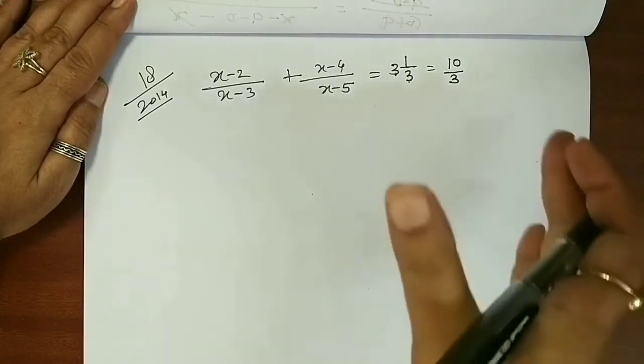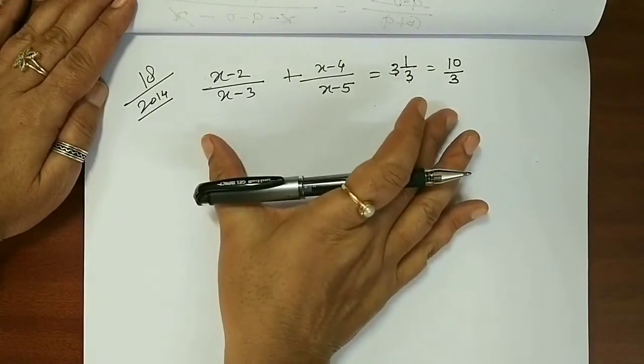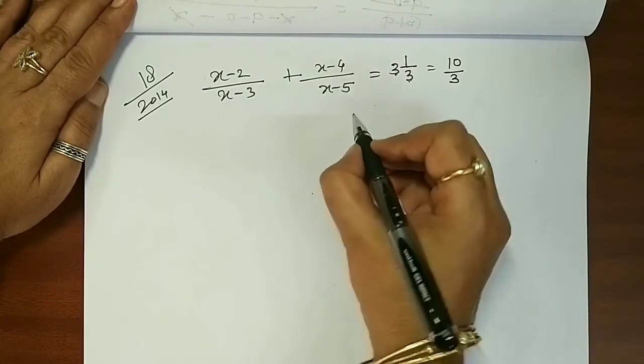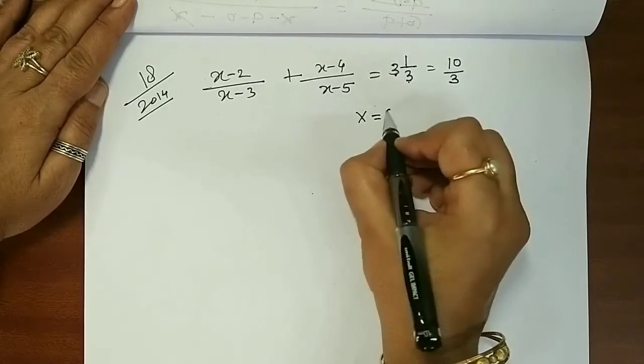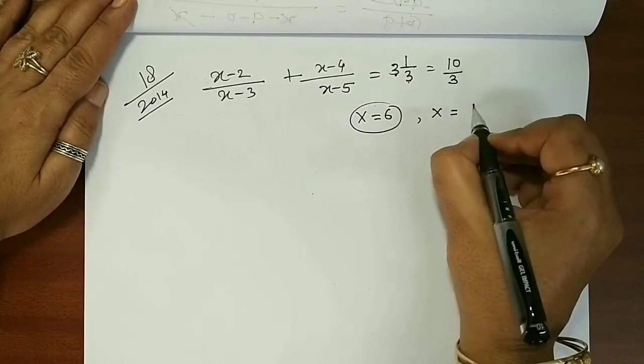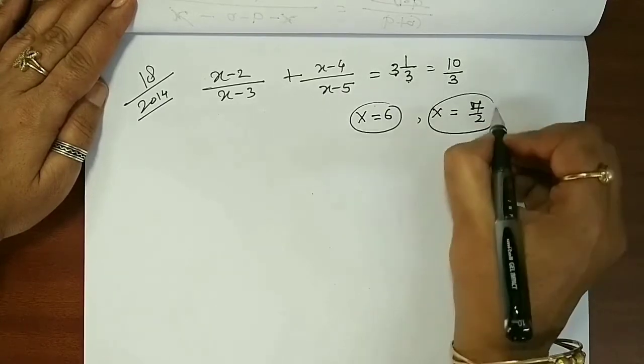So this question is pretty simple, guys. I will suggest you solve on your own, and after solving you should get x is equal to 6 and x is equal to 7 by 2.